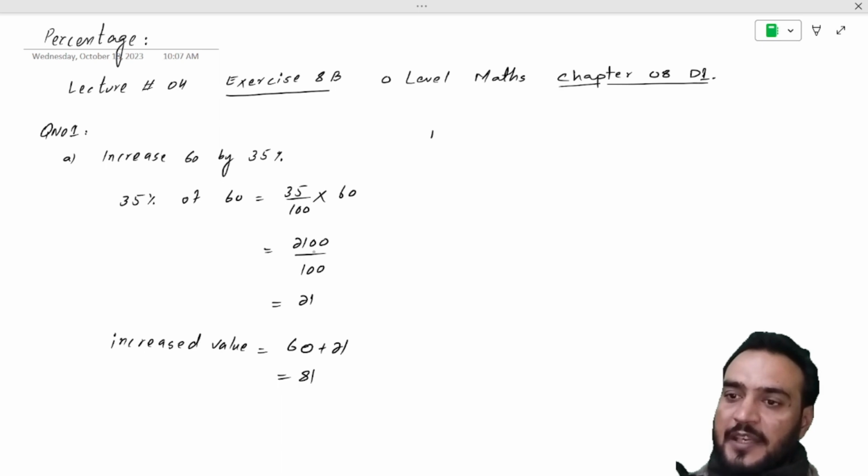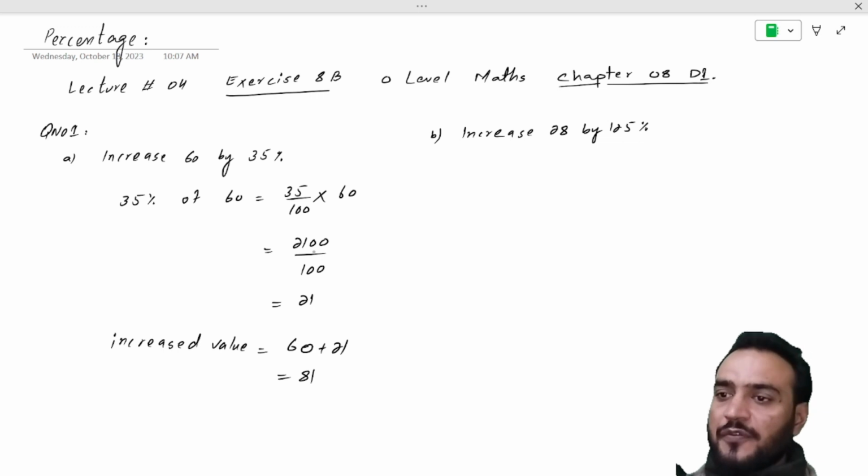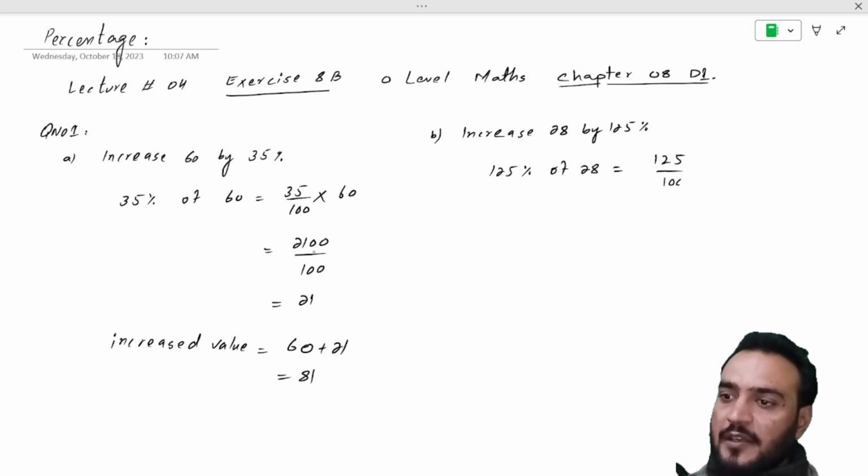Now part B is increase 28 by 125%. First we find 125% of 28. 125% of 28 is equal to 125 over 100 times 28.